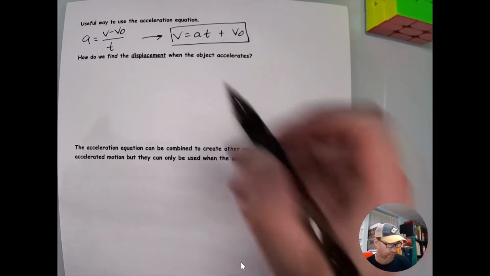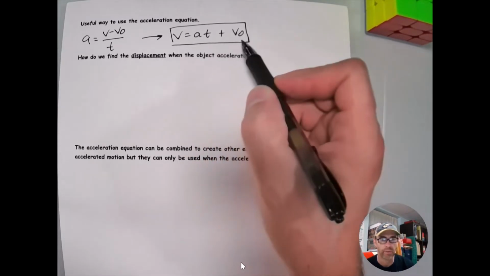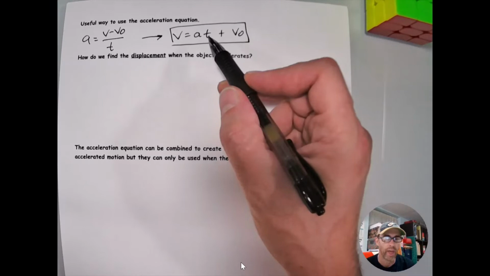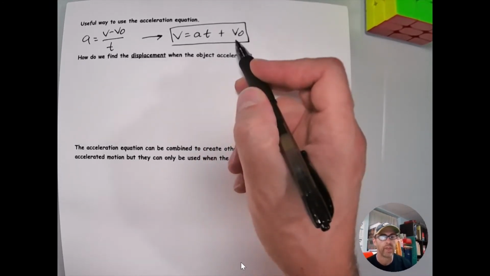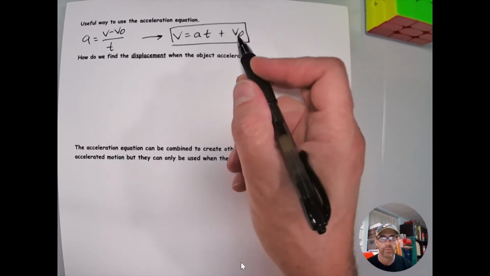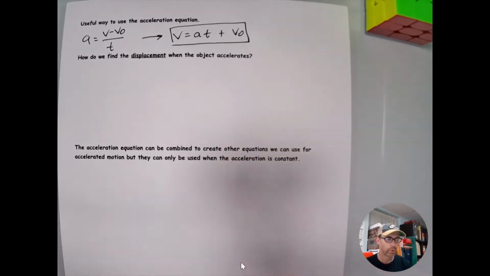So maybe I have the final velocity and the acceleration and the initial velocity, but I want to know how long the acceleration lasted. In that case, I would plug in the v, the a, the v naught, and then start to do the math. There would be a number replacing this v naught, and I would be able to start moving the numbers around just by doing the math. It reduces the algebraic requirements so that you don't have to do so much algebra.